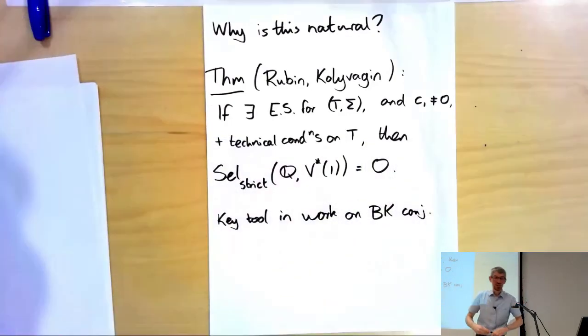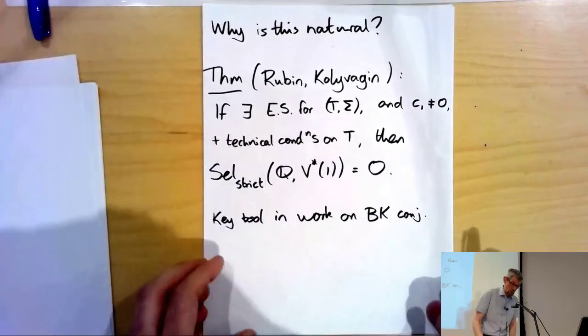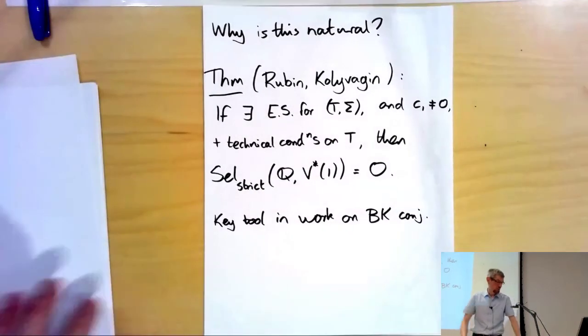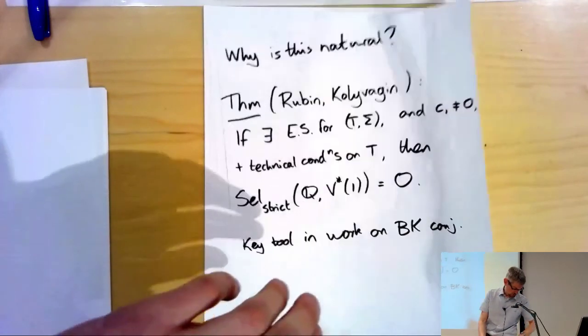So Kolyvagin used this to prove the Birch and Swinnerton-Dyer conjecture for, the rank part, for elliptic curves of analytic rank 0 or 1, and it's been used in a number of other works recently proving cases of Bloch-Kato. So I have a few minutes left, I think, so I'll just quickly explain one example of an Euler system.